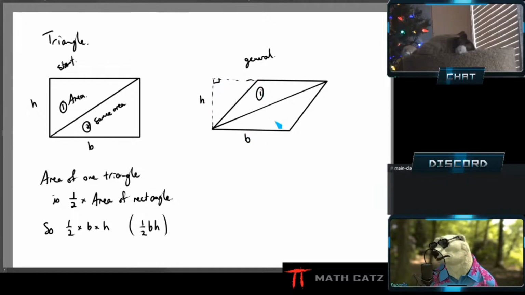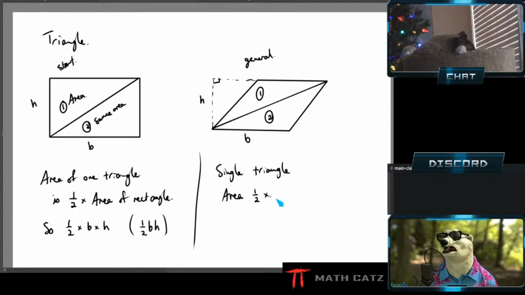So I still have area 1 and area 2 for the triangle, but a single one of these triangles still has area 1/2 times the area of the parallelogram. Whoops. And that is 1/2 base times height again.